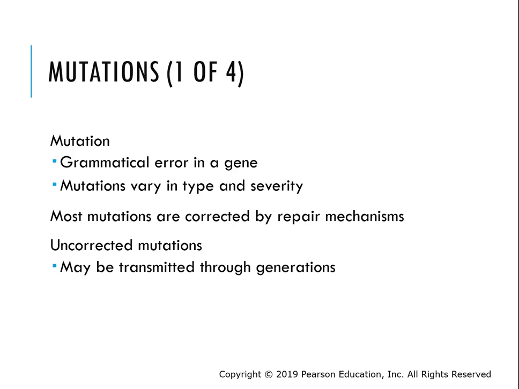So there are mechanisms that will repair these mutations, right? Or these errors that occur. However, they're not 100%, right? And so there are still mutations that will remain that can't be corrected, okay? And so if these mutations remain and they're not corrected, they could actually be transmitted through generations, right? They're heritable because we're talking about changes in the DNA.